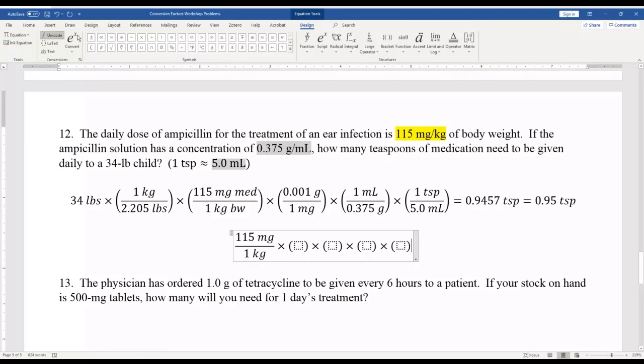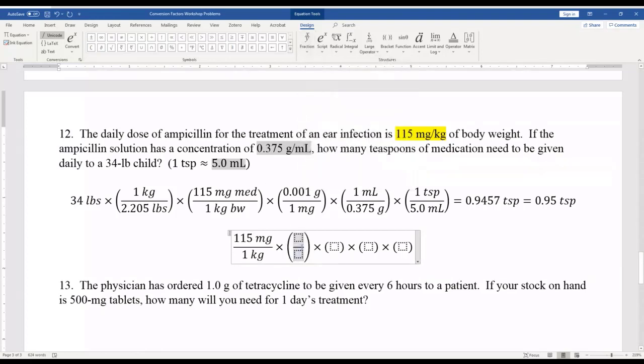If you do it this way, you can definitely do it this way. You can convert the kilograms to the child first if you want, or you can convert milligrams to the teaspoons, but let's just say I do the milligrams first.